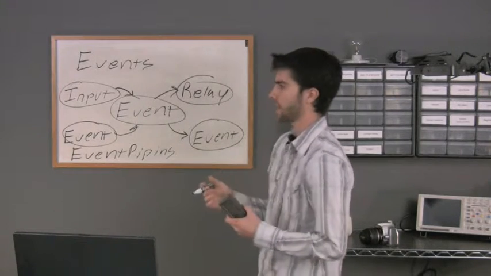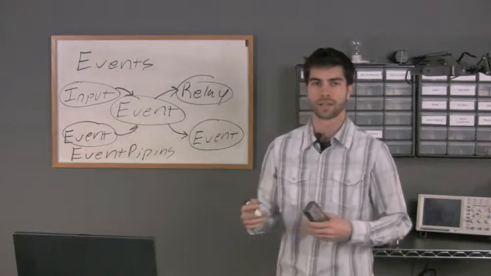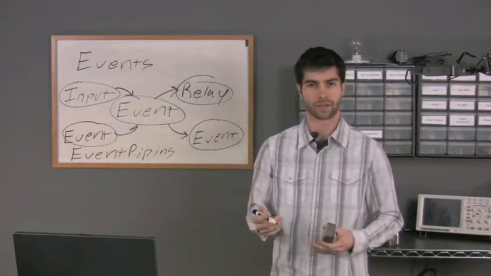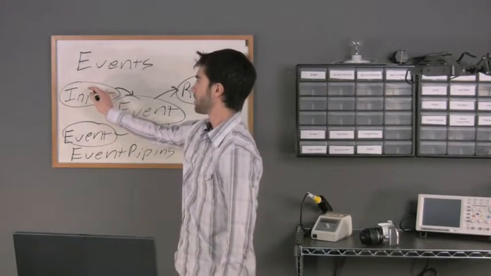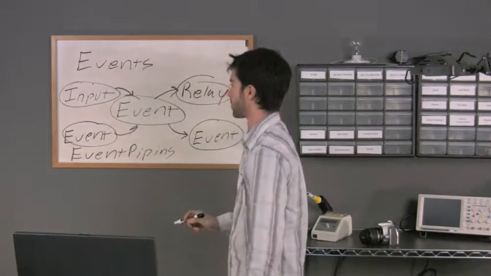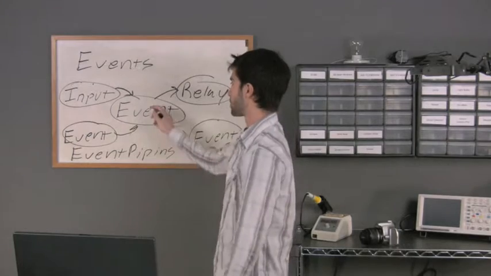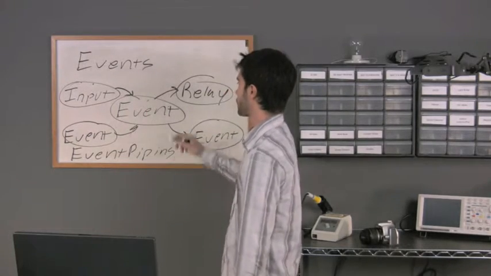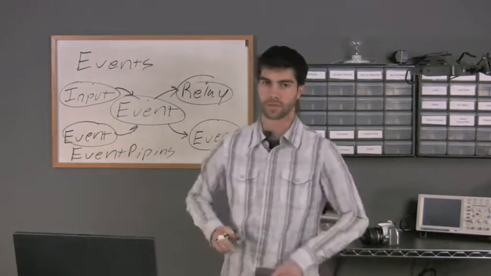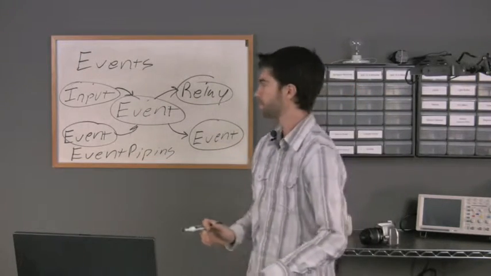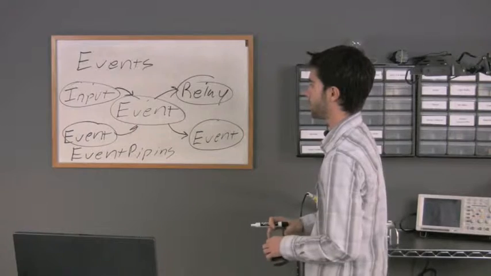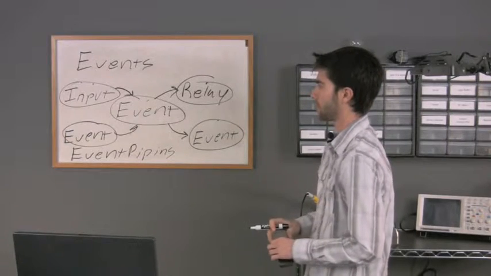You saw in the last video we triggered a timer with a button that turned on a relay. Okay, so we triggered the input, which was the button, which started the timer, which was the event, which triggered the relay. Okay, so that's really a pretty simple way of using an event to trigger a relay.